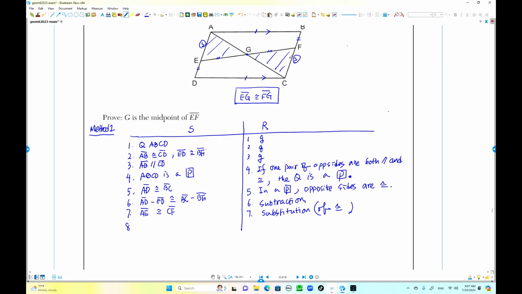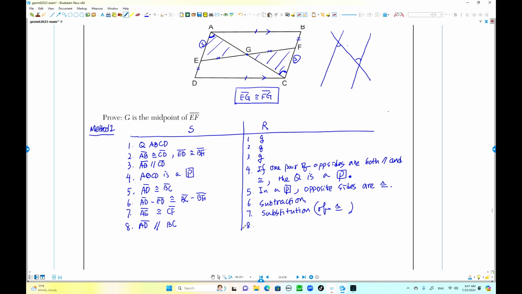The next one, we use an angle. Because these two sides are parallel and this is the transversal, this angle and the other side angle are alternate interior angles, so they are congruent. Before that, we have to say AD is parallel to BC.